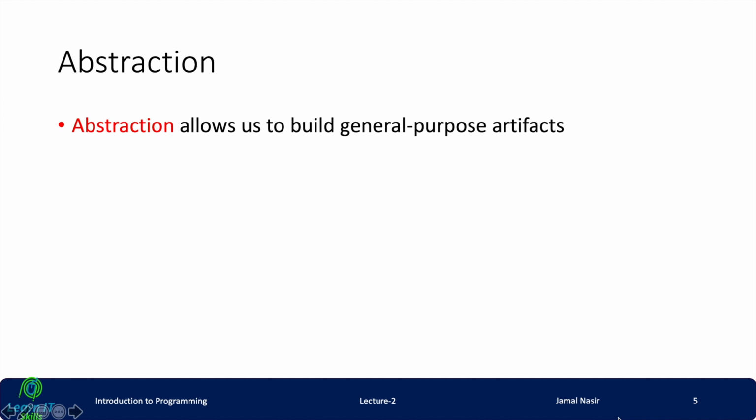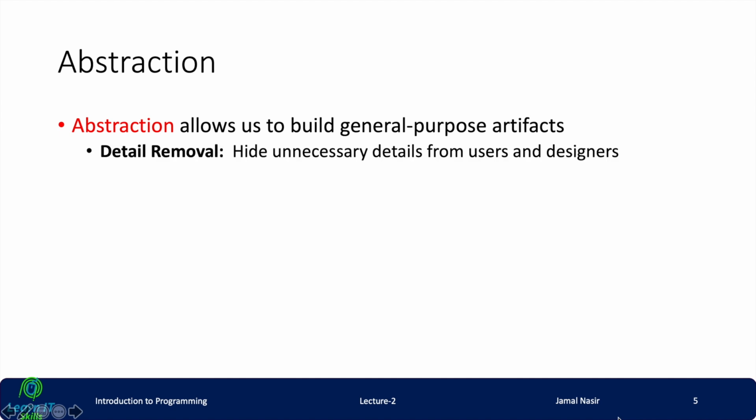So abstraction allows us to build general purpose artifacts. It includes detail removal, hide unnecessary details from users and designers. And second thing is generalization, avoid unnecessary repetitive work. So these are the two most important ingredients of abstraction: detail removal and generalization.